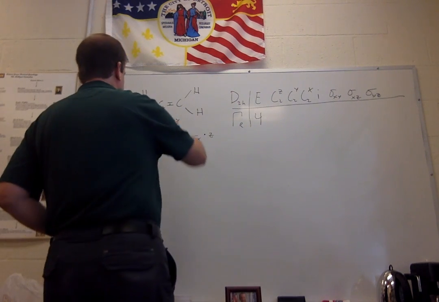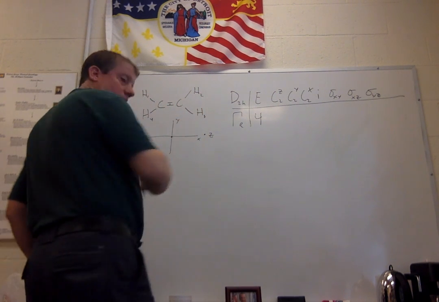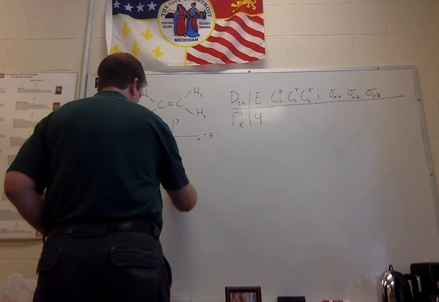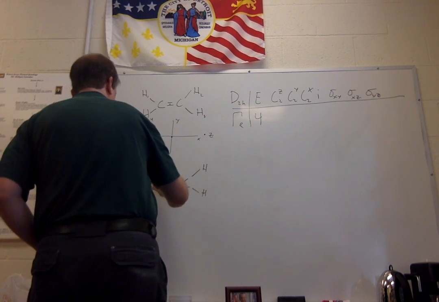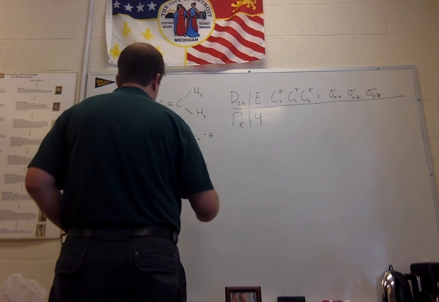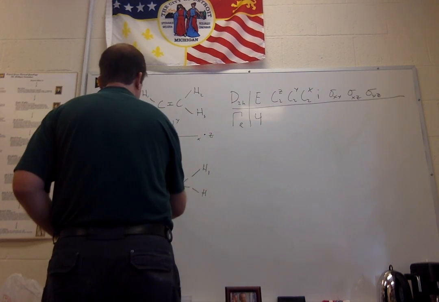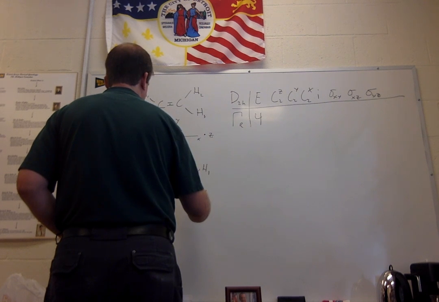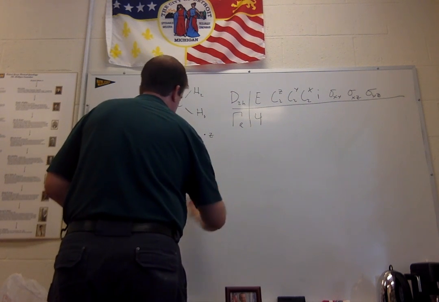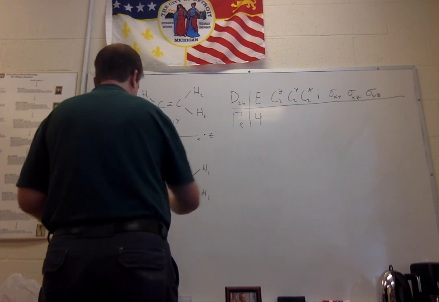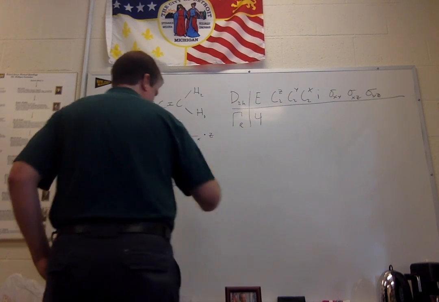If we go hydrogen 1, hydrogen 2, hydrogen 3, hydrogen 4, when I'm done flipping along the z-axis, what you'll find is this is hydrogen 1, hydrogen 2 is where 4 was, hydrogen 3 is over here, and hydrogen 4 is over there.